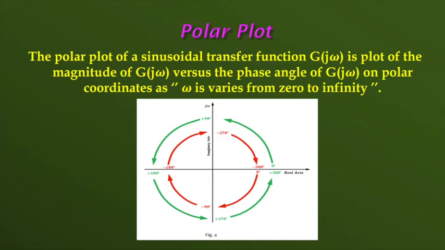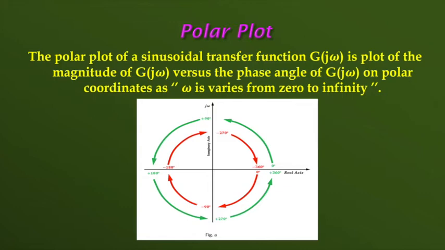The limitation of polar plots is that the addition of poles or zeros to an existing system requires the recalculation of the frequency response. The calculation of frequency response by this method is tedious and does not indicate the effects of individual poles or zeros of the transfer function.